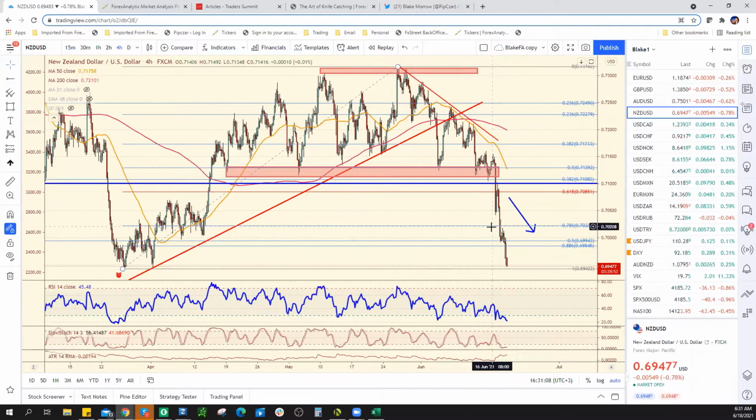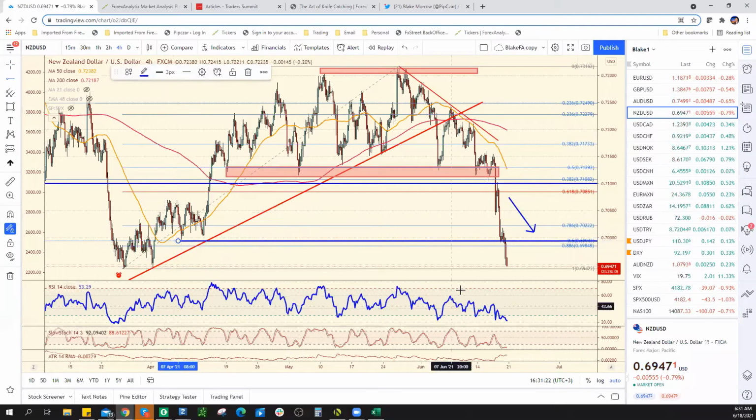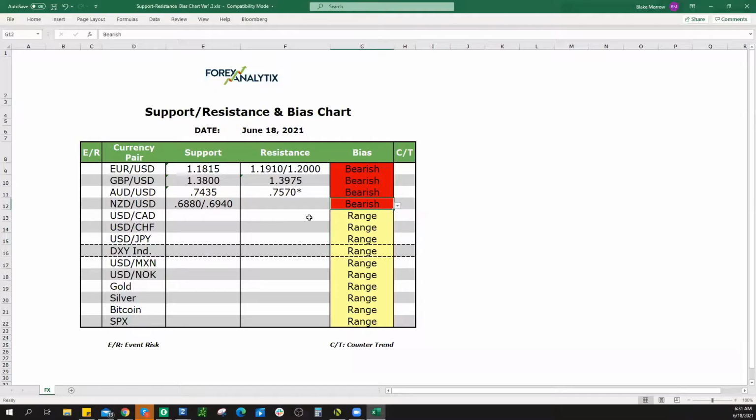But anyway, how many people have been wanting to try to short this thing and you're just not getting any opportunity? So now, if you get a move back up to here, basically 70 cents, I think anybody would love to sell the Kiwi at a 70 handle.